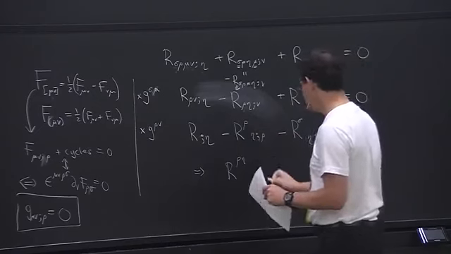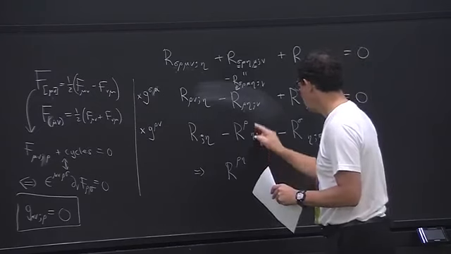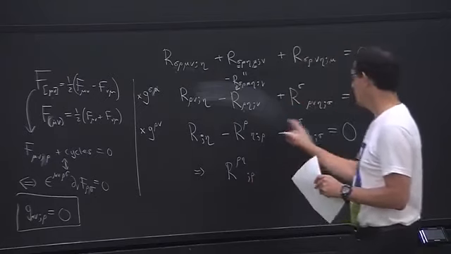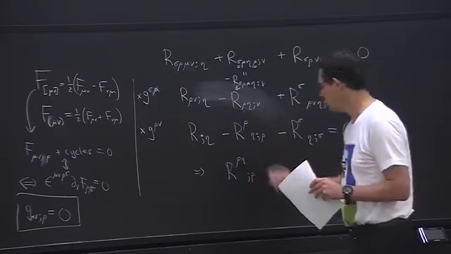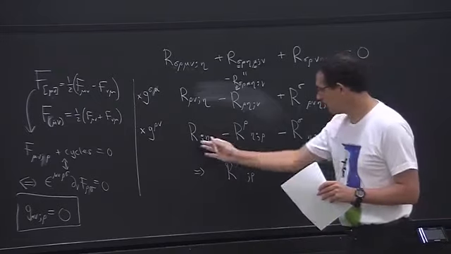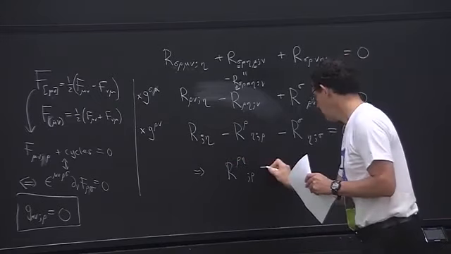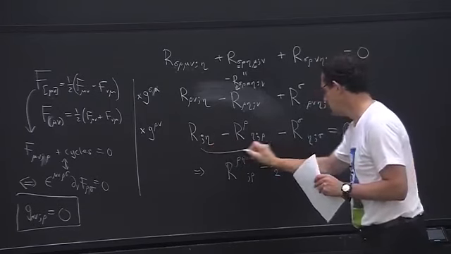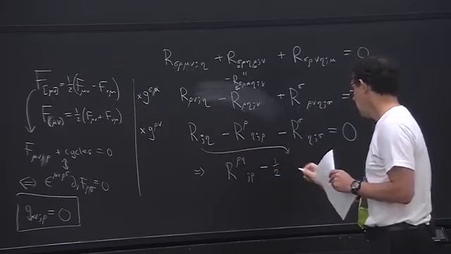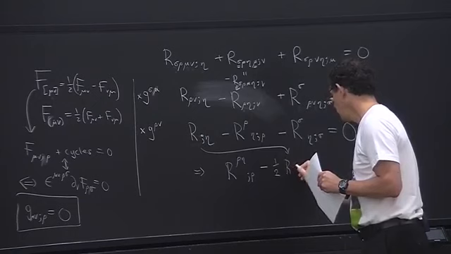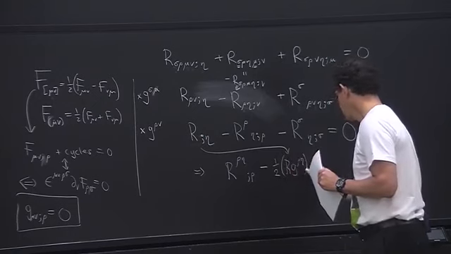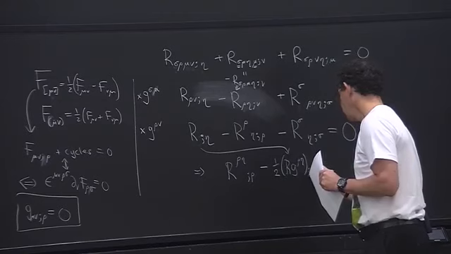So I can just raise the eta index, and I can write this as R rho eta semicolon rho, and these two terms are identical, so I have a factor of 2, divide by the 2, and I'll get minus 1/2. I'm going to write this term in the following way as R g rho eta semicolon eta.